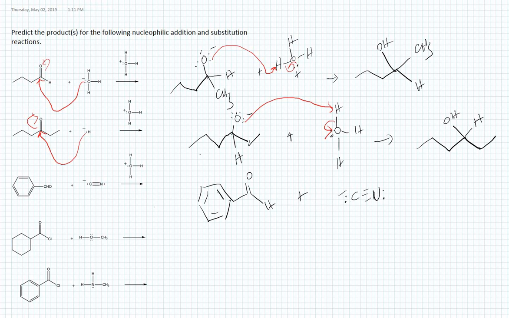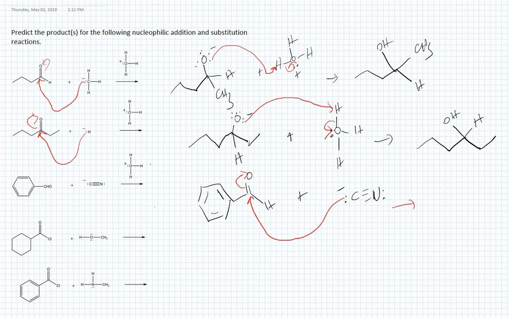So we expect the same reaction. Cyanide will act as a nucleophile. It will be added to the carbonyl carbon. Again, let's do it with a red arrow for the reaction mechanism. The lone pair on carbon will flow to the carbonyl carbon, and we will form here a tetrahedral intermediate.